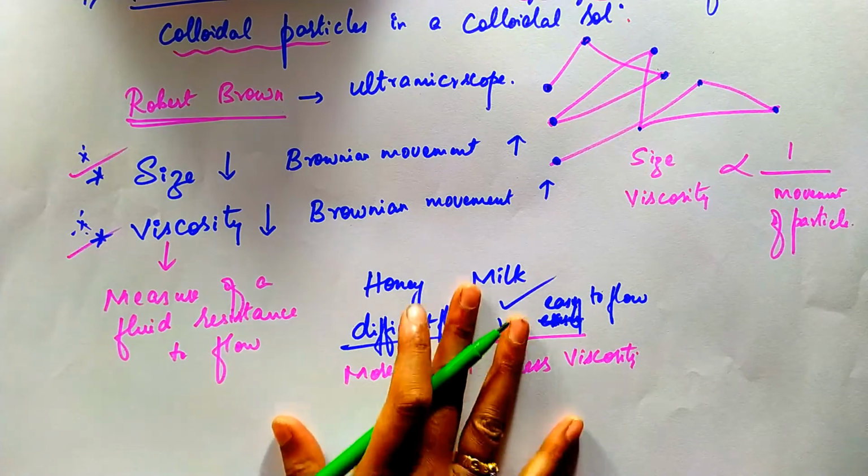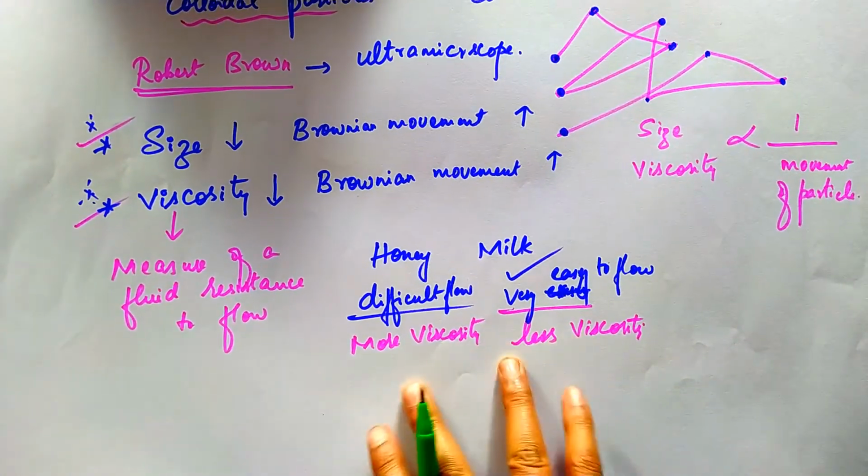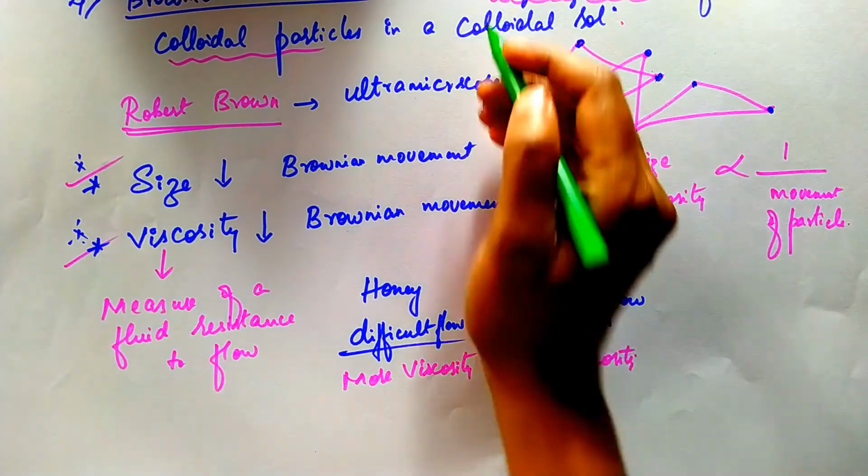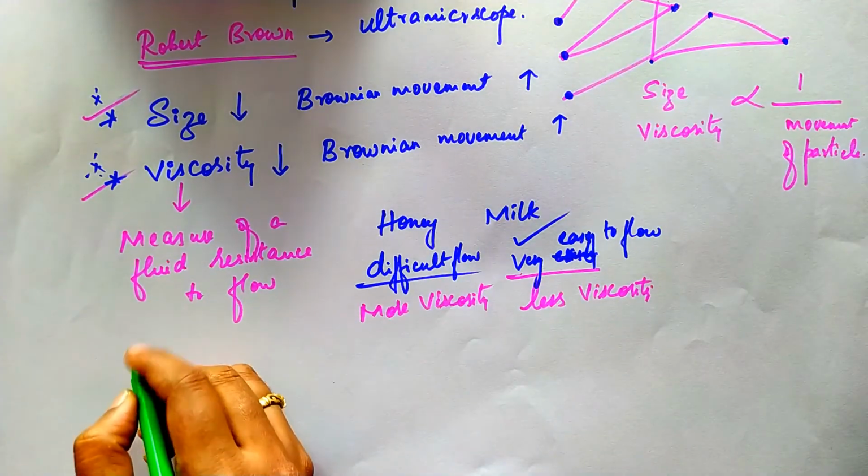Next, what is the cause of this Brownian movement? Why are the particles moving in this zigzag manner?